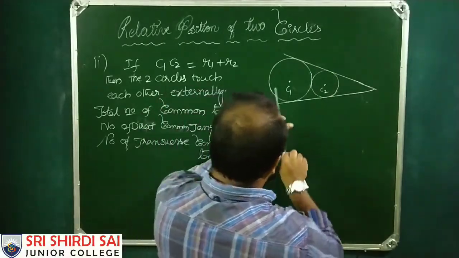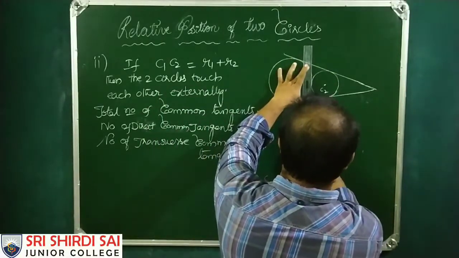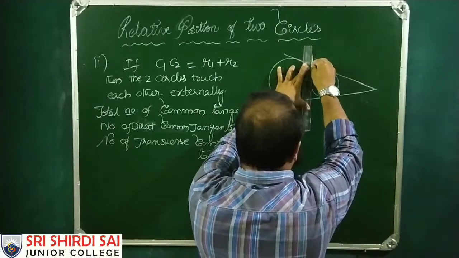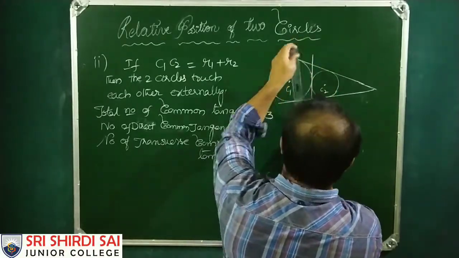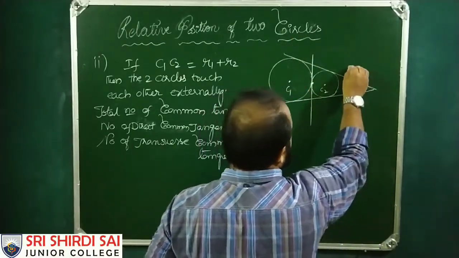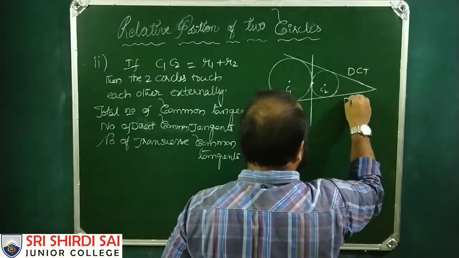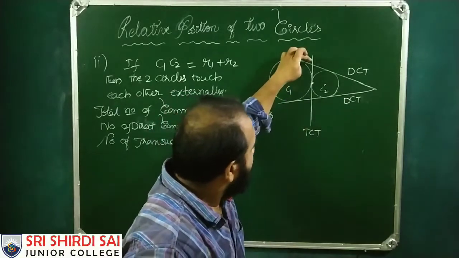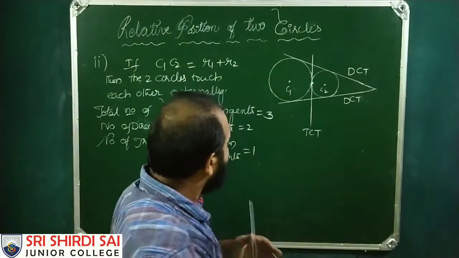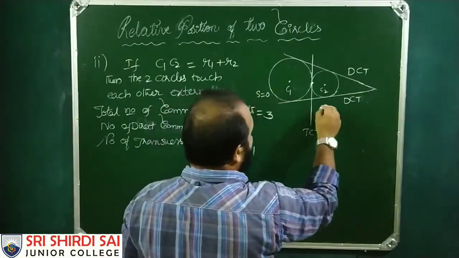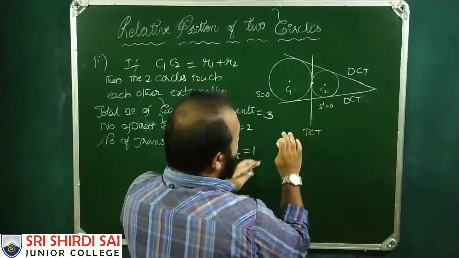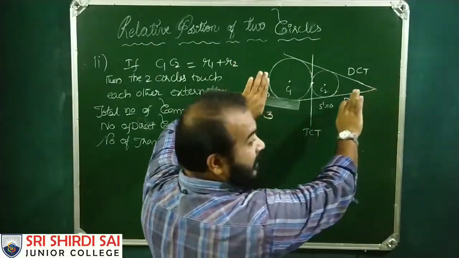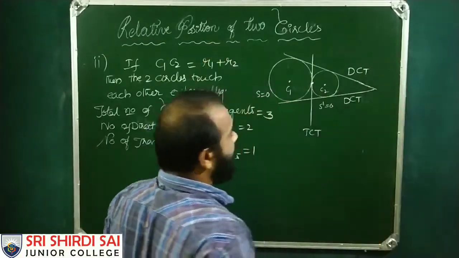And what is this line? These are direct common tangents, and this is the transverse common tangent, because with respect to this line, the circles S equals 0 and S dash equals 0 lie on opposite sides.